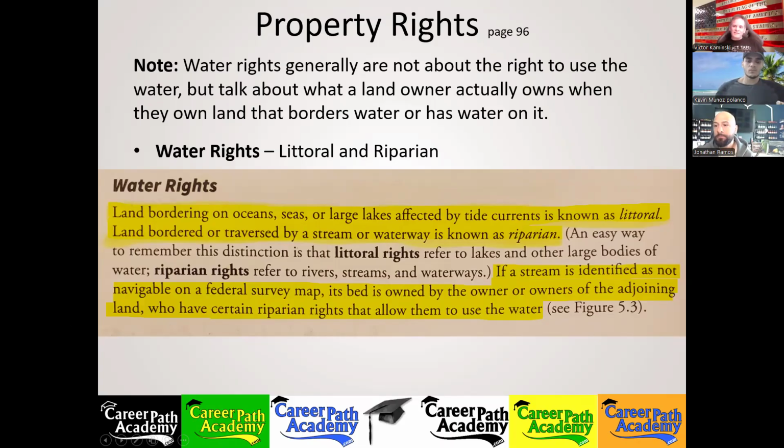So you could put a dock there and dock your own boats and such because you own the land that's under the water. Because they're non-navigable waters, you could actually own the land under the water. Or let me word it another way: you could own the land that the water is sitting on. You have water on your land.